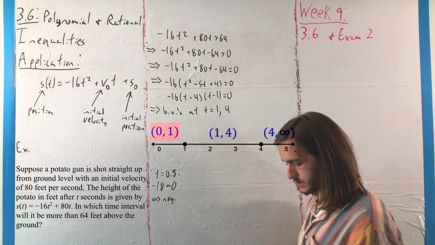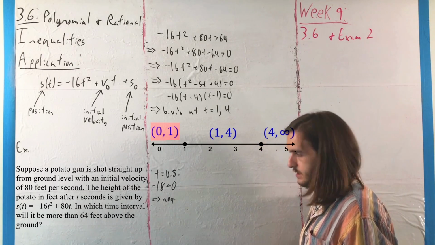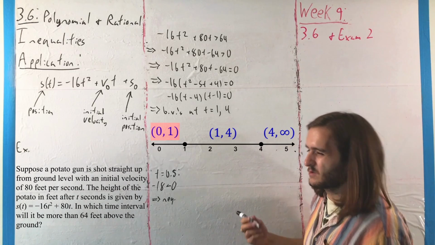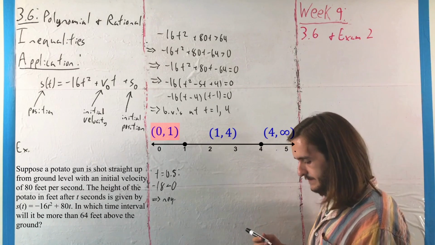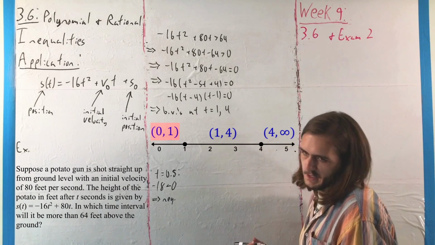Then for that middle interval, we can pick anything we want in there. I could pick 2, we could pick 3, and do basically the same thing, but I'd pick 2.